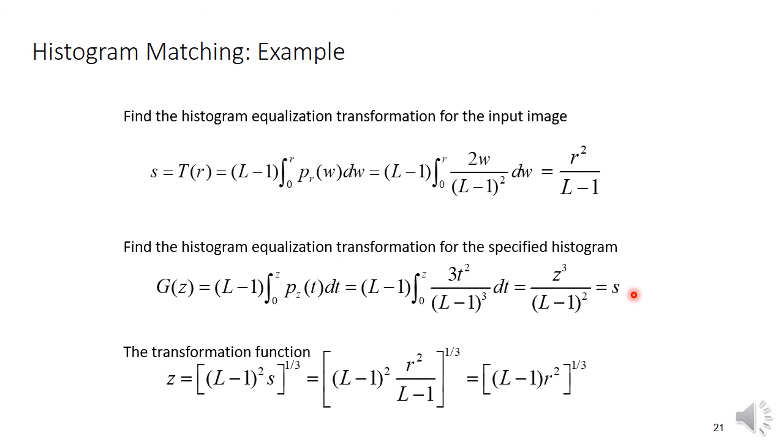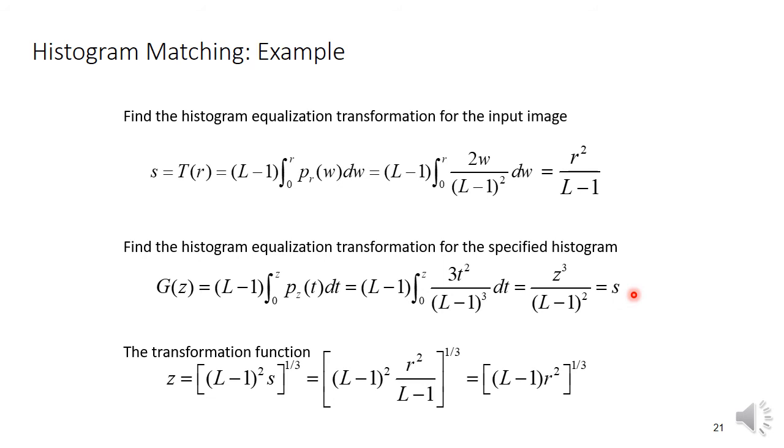So this transformation function now becomes z = ((L-1)^2 · s)^(1/3). When simplified, we get z cubed equal to (L-1)^2 times s, so solving for z we get this.